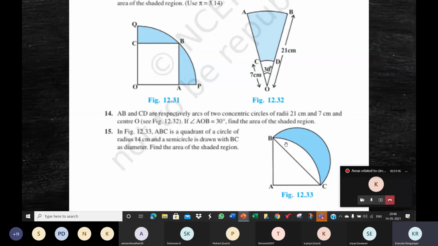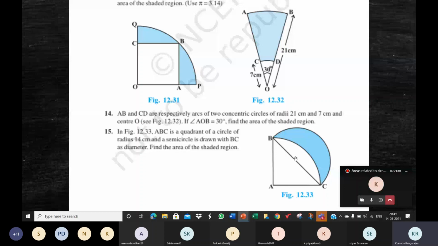For any circular region, whether it's a quadrant or a semicircle, we are interested in the radius. So we need to find the radius of the semicircle. It's given that BC is the diameter. How can you find BC?